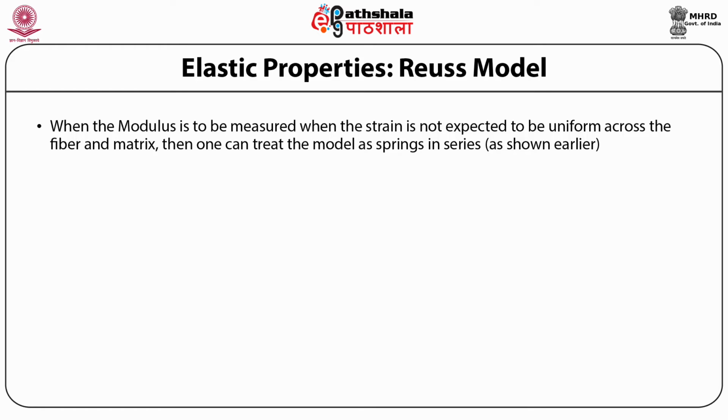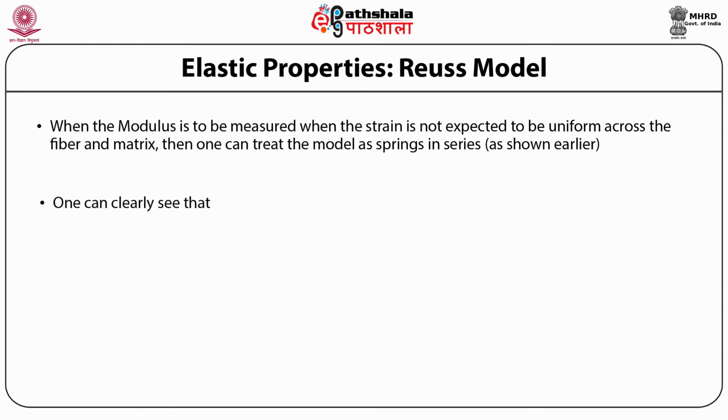This model is also called the Reuss model and gives us the lower bound on the modulus of the composite. The actual value would most likely be higher than that calculated using this model.